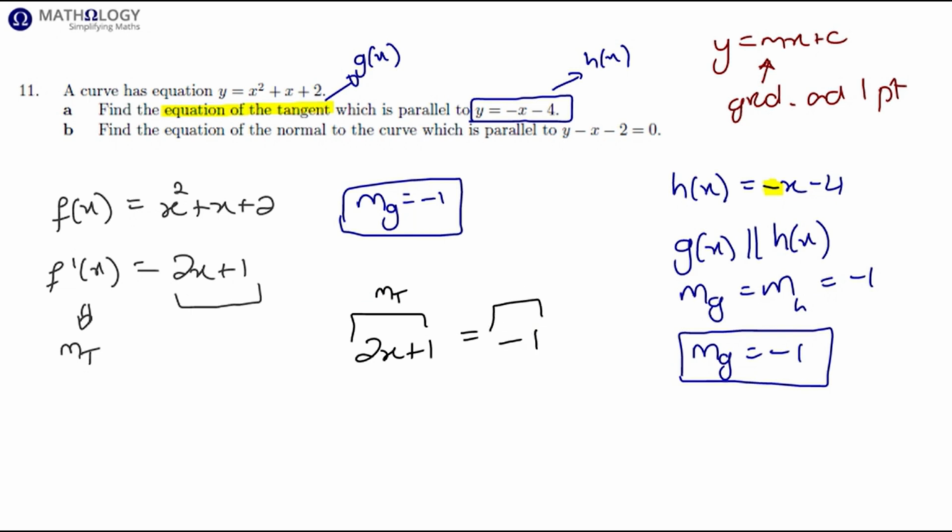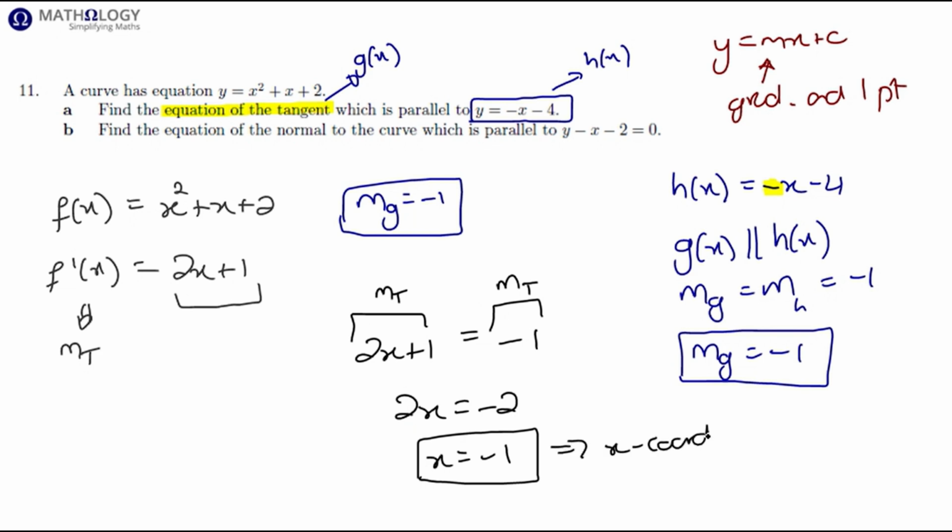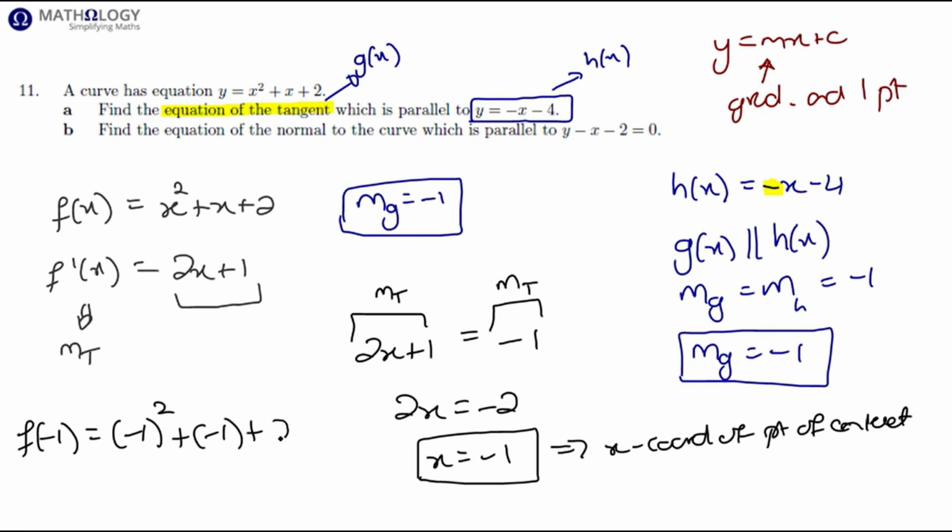We've just determined that -1 is the gradient of the tangent. So 2x plus 1 equals -1, 2x therefore equals -2, and x equals -1. This is what we need, because this represents the x coordinate of the point of contact. So we can substitute -1 into the function f of x. f of -1 equals (-1) squared plus -1 plus 2.